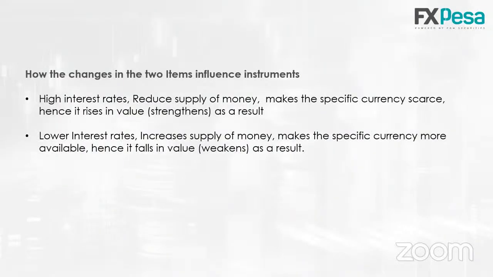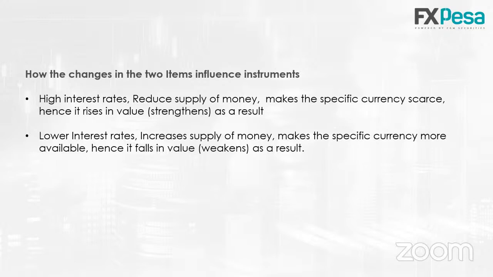So how do the changes in the two items influence instruments? When I talk of instrument, it's the asset. So high interest rates reduce supply of money. When they reduce the supply of money, it makes that specific currency scarce. Let's say, for example, it is GBP, and the Bank of England announces or increases the rates.